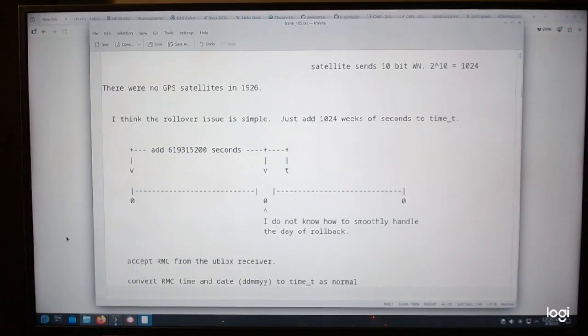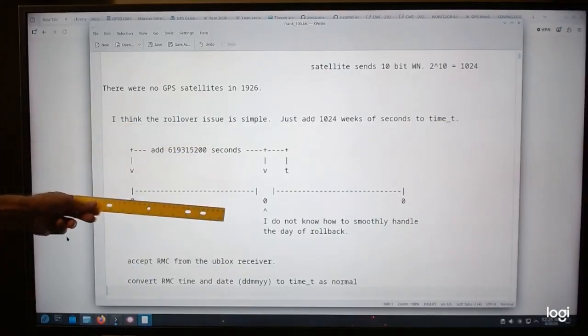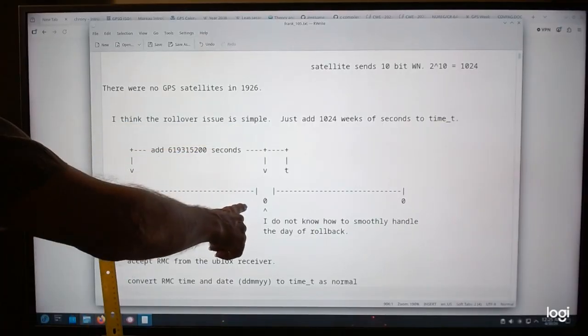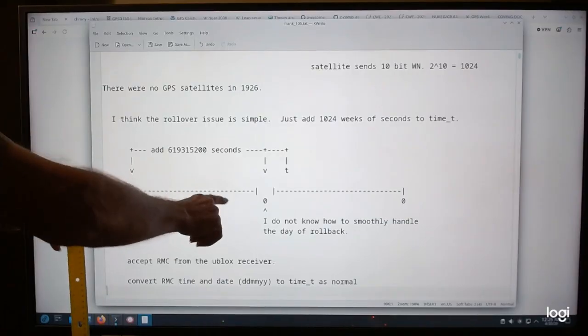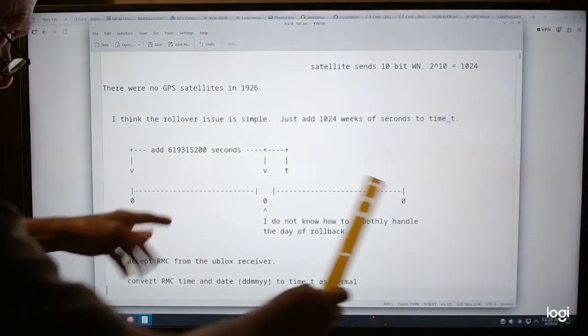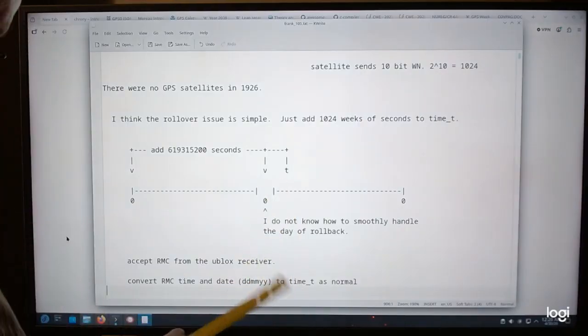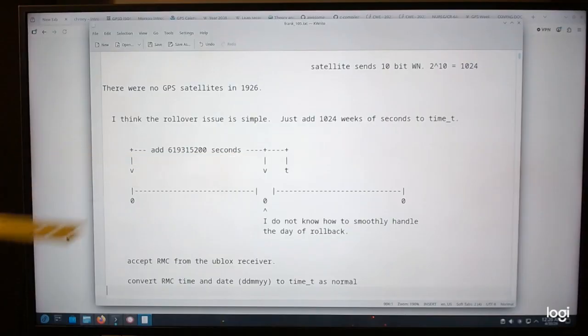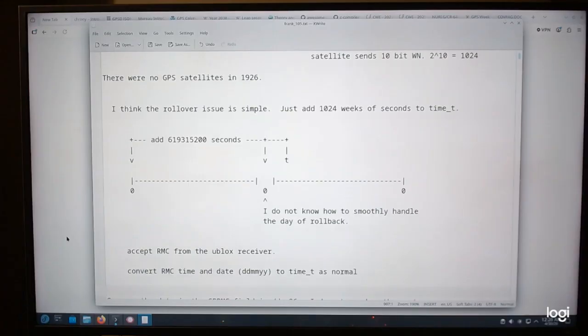It's simple. Yeah, let me just tell you, if we're in this partition and the time is over here and we want to go to the next partition, you just add the 619 million seconds to time t.